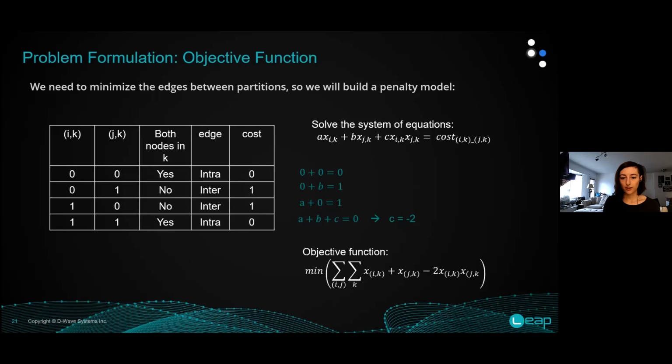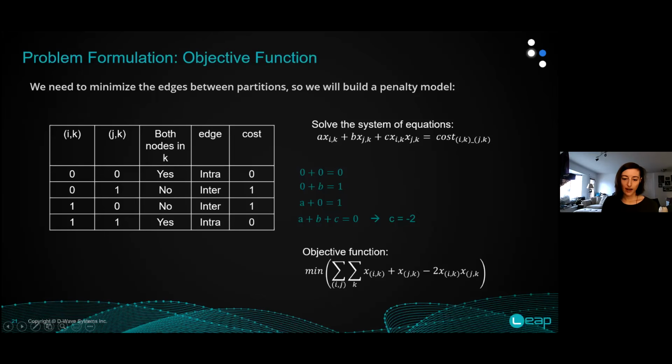We can then generalize this expression that we've built for 2 nodes to the entire graph by iterating over all of the edges and all of the partitions, which is shown by this double summation in the objective function equation here.